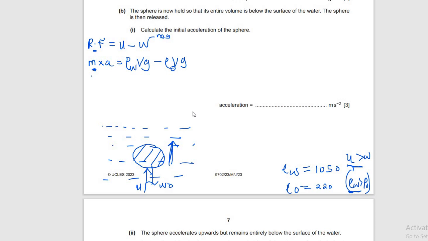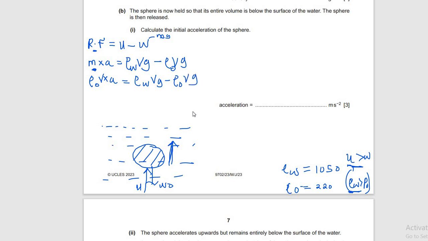The mass will be density of the object multiplied by volume, because it's the object that is accelerating. So multiplied by acceleration equals density of water Vg minus density of object Vg.